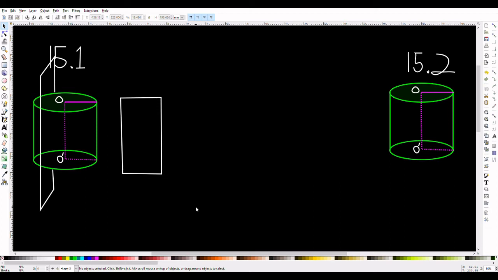So this plane is parallel to the axis of the cylinder, and this part of the cylinder that it contains is still a rectangle, but it's a smaller rectangle, because the greatest extent of the rectangle, its greatest width is its diameter, and all of these other chords will be smaller.